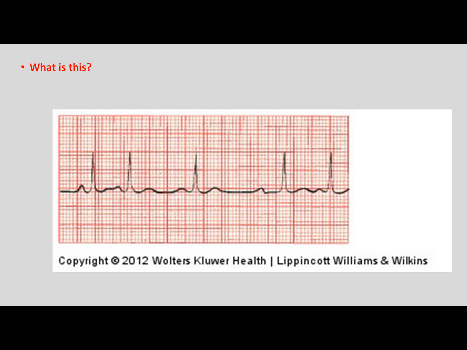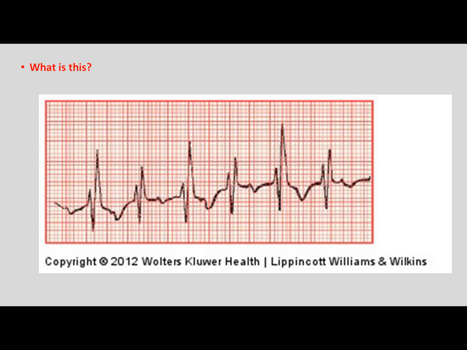Now, are the P waves all the same? So there are different P waves. Different P waves, narrow complex, irregular is multifocal atrial tachycardia, like in COPD. But you still see P waves because it's coming from the atrium.